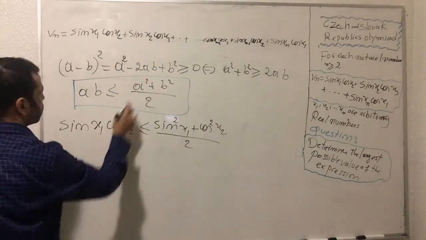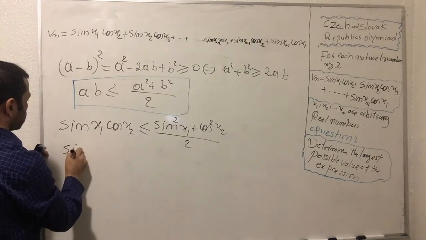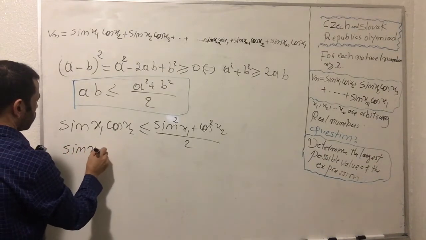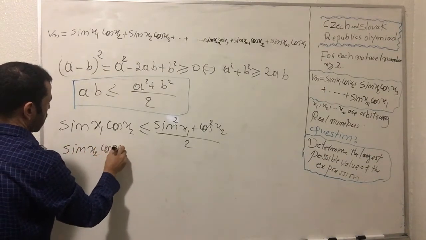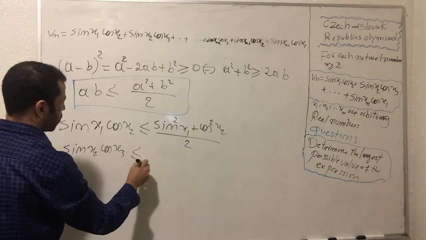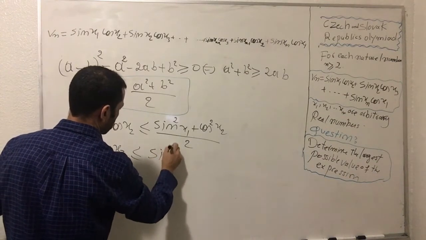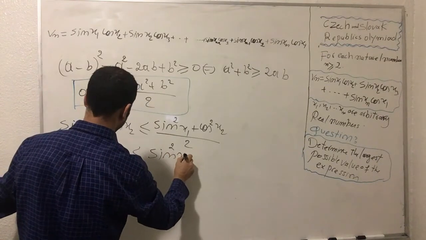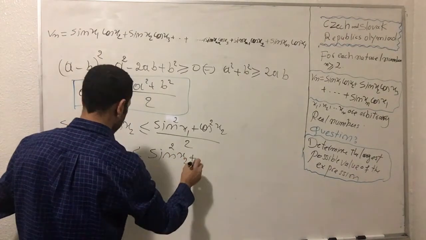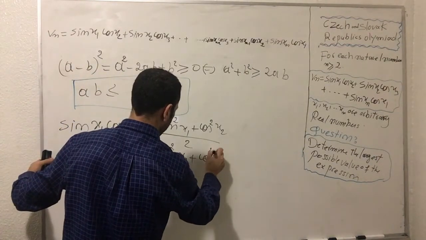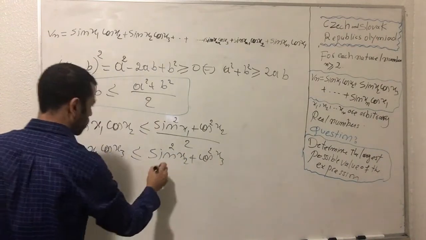The second term, sine x sub 2 multiplied by cosine x sub 3, is less than or equal to sine squared x sub 2 plus cosine squared x sub 3 over 2.